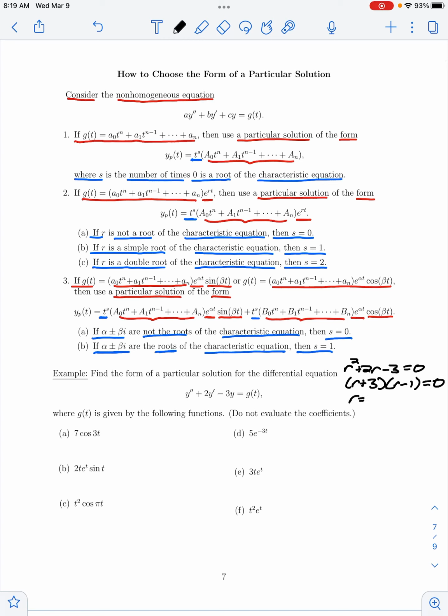And so r could be negative 3 or positive 1, in which case my homogeneous solution would have the form c1 e to the negative 3t plus c2 times e to the 1t.